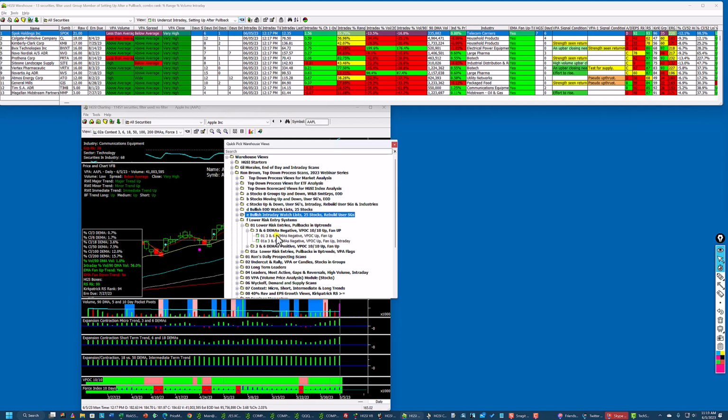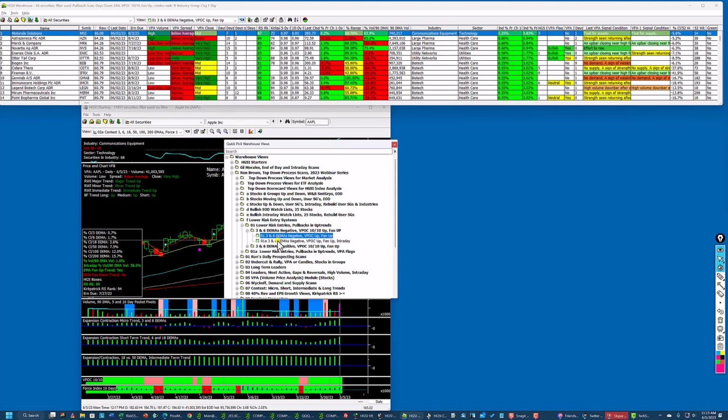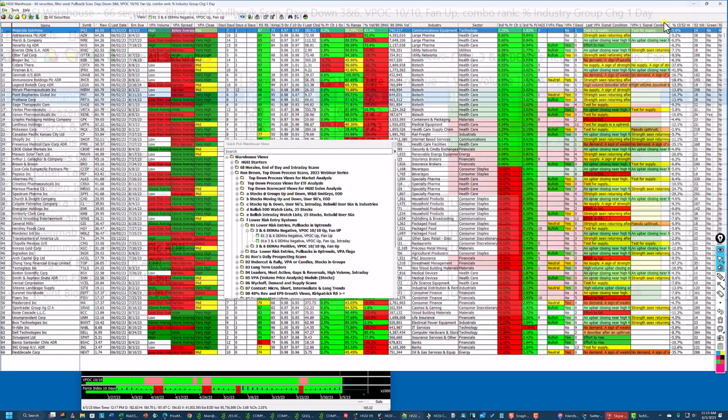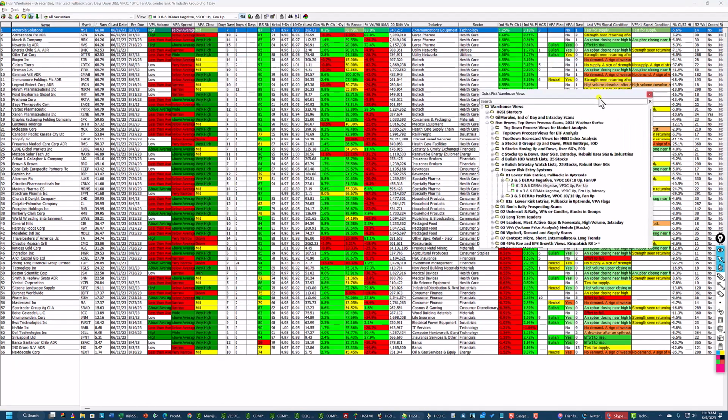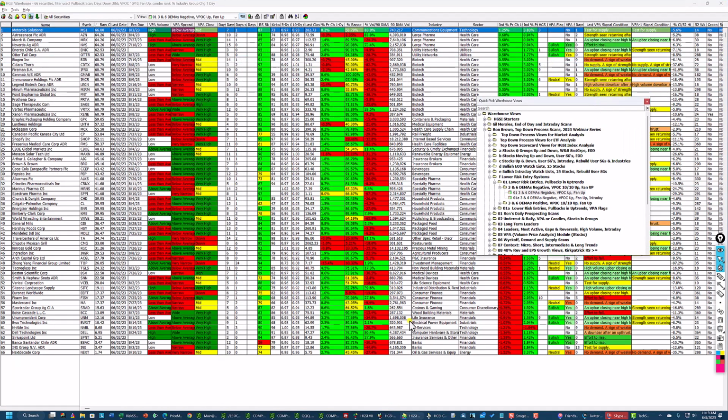3 and 6 day negative, VPOC up, fan up, and I'm sorting on the percent industry group on the end of day. I just want to see which of these industry groups might be setting up. And you can see it's sorting on the industry group, and a couple of large pharma, 3 large pharma, utilities, biotechs were setting up based upon this right here.